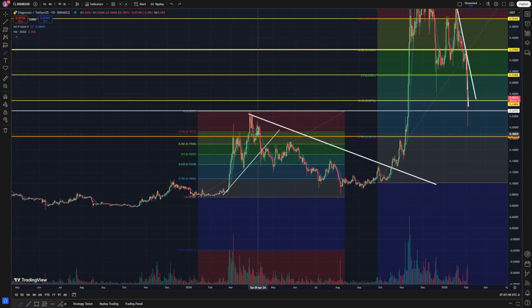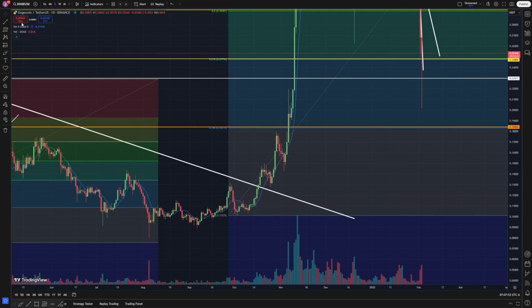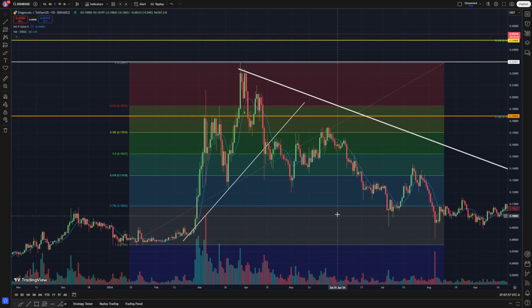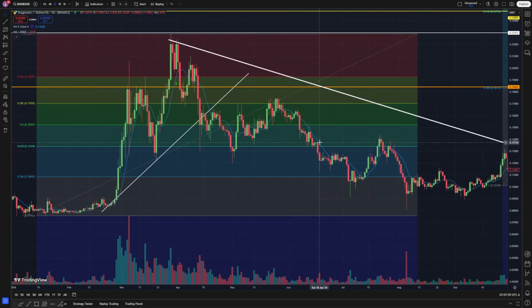Like I was talking about earlier, let me zoom in just to show you how it worked over here too, because these ones acted as support and resistance as well. Something like this, just to give you a good view. We came down, held support on that one, got a bounce to the upside, came down, found support, bounced to the upside.